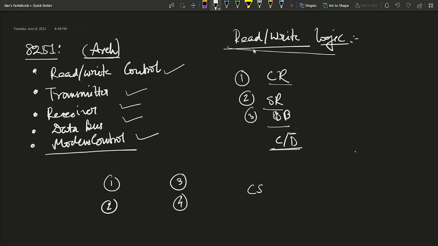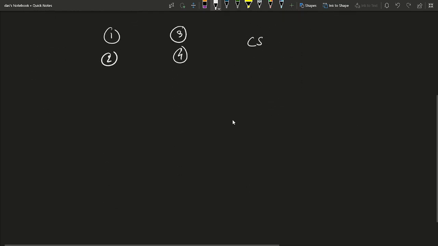Students, please note that when the C/D pin is high, the control register is selected for writing the control word or reading the status word. Please note down, when C/D is low, then the data buffer is selected for read write operation.